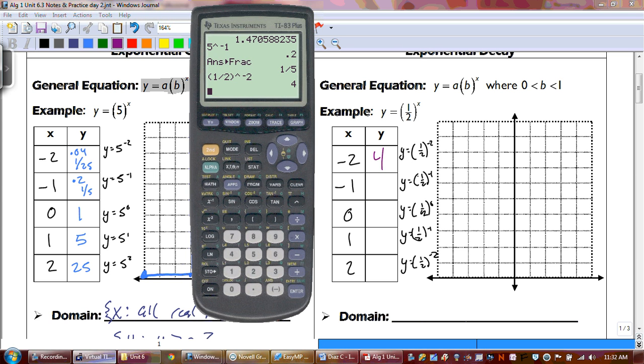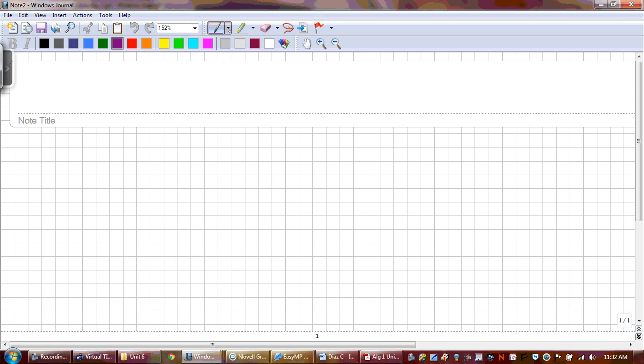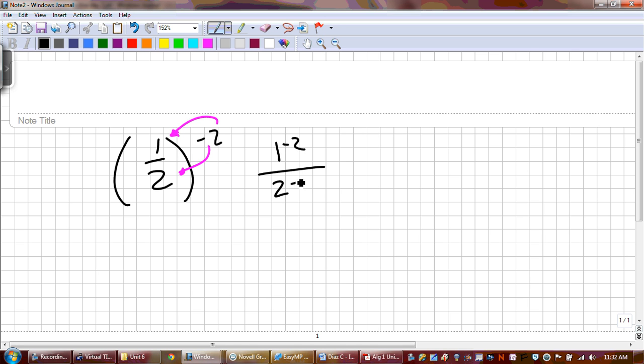You might ask, Mr. Grice, why does that work that way? Well, let's talk about this real quick. We would distribute the exponent, and our new exponents would be -2. If your exponent's negative, drop it like it's hot, and if it's already on the bottom, bring it to the top.